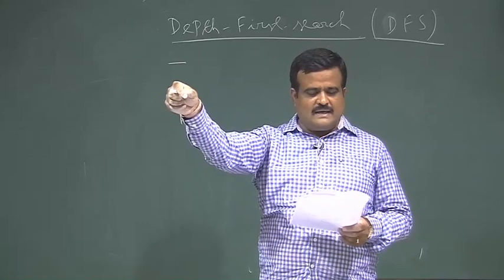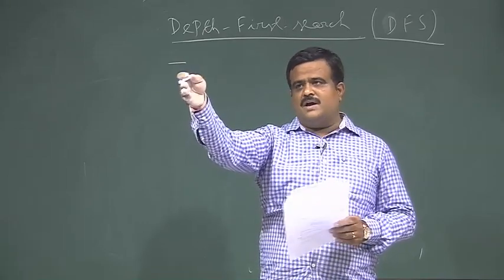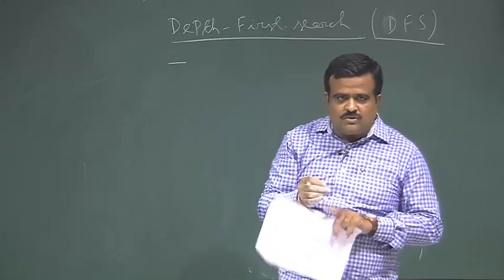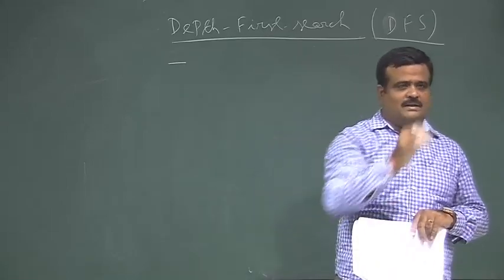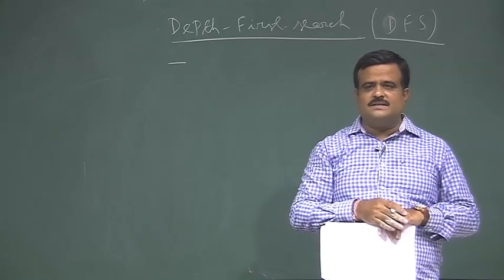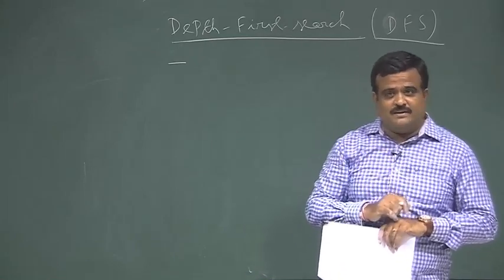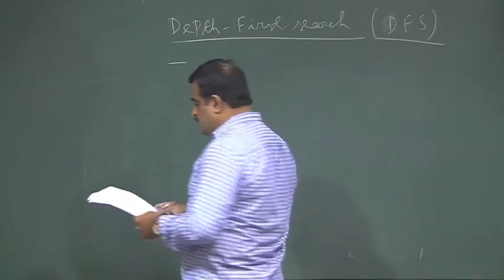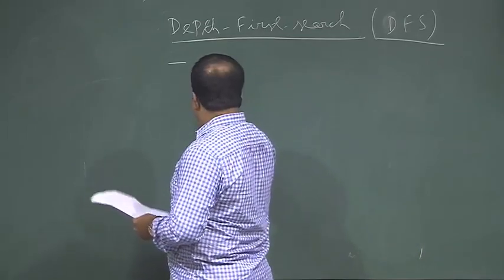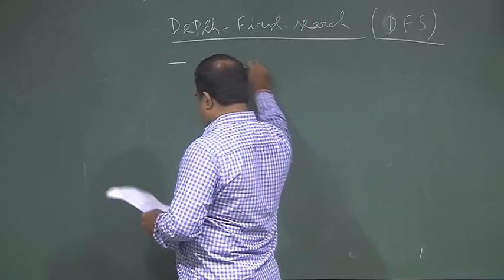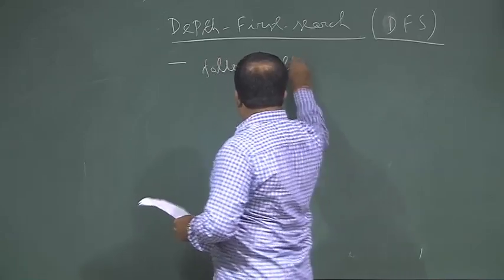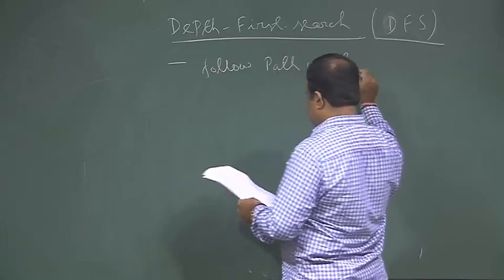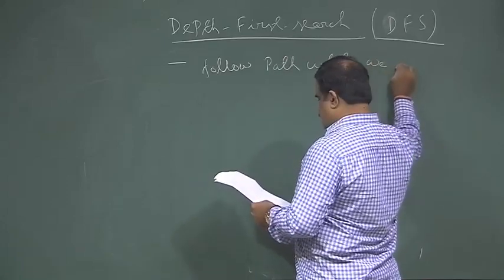So this is a nice example of backtracking. If we get stuck, then we will come back there and we try the other path. Okay. So that is the way. So we will do the backtracking because we may get stuck. So we follow the path until we get stuck.